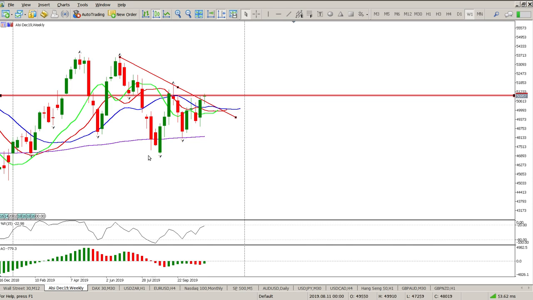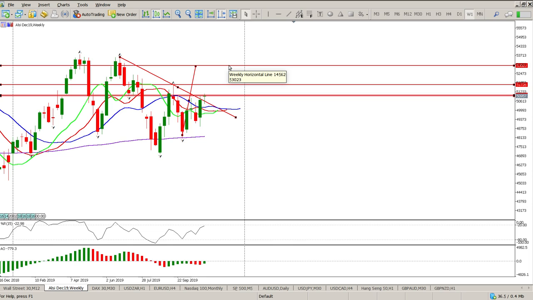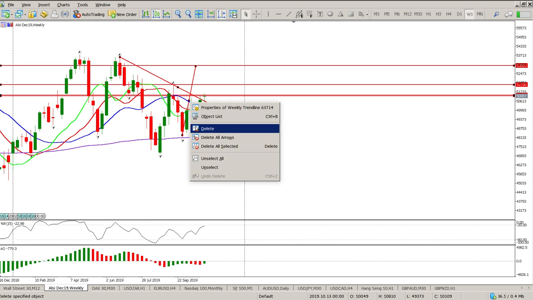So for me at this stage, I would really like to see a daily close above 51726, and that will give us a reasonably good measured move back up to 5323.